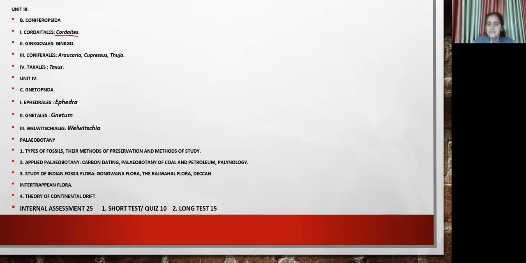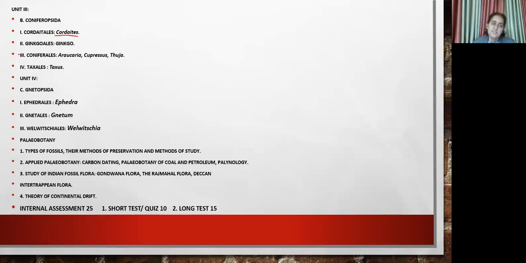Few records, less record is available, not complete genus record is available. So these genera are very short and we will take less time to study, but we have to study carefully because mixing of the genera takes place. If you say Pitys and Cordaites, sometimes we miss Cordaites and write about Pitys in this genus. So we have to study.